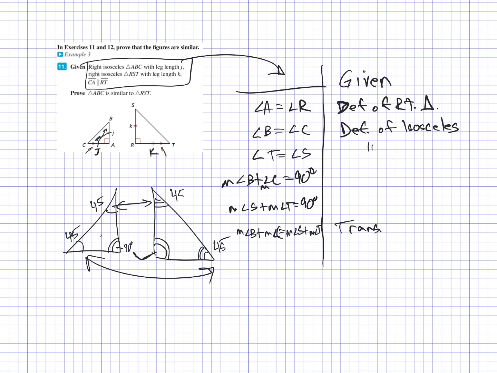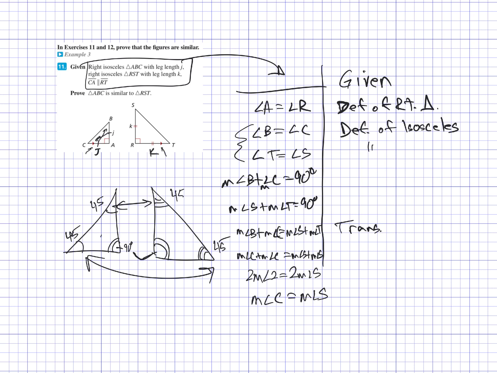All right. So therefore, by substitution, I can say the measure of angle C plus the measure of angle C equals the measure of angle S plus the measure of angle S. So basically, you have two measures of angle C equals two measures of angle S. Divide off the two, the measure of angle C equals the measure of angle S, which is what we were trying to say.